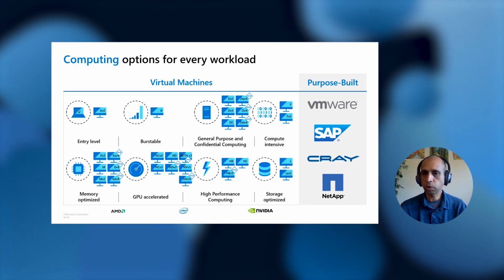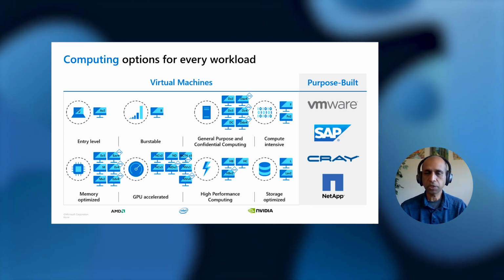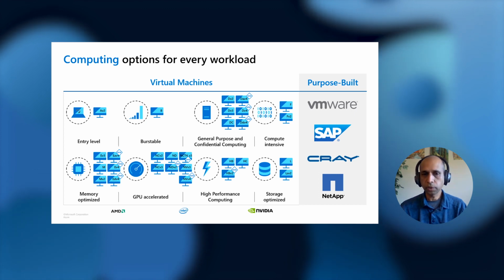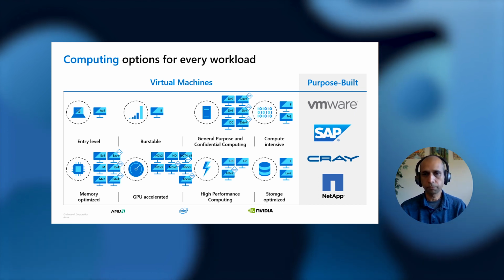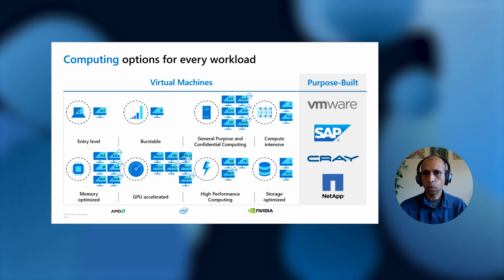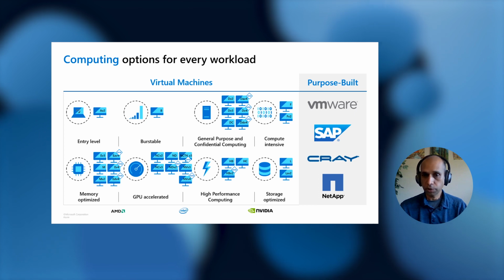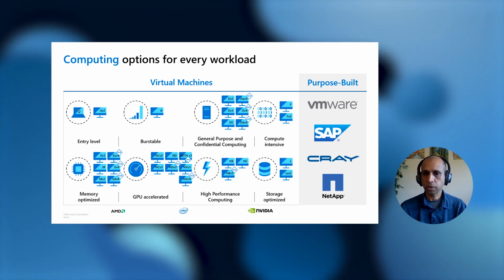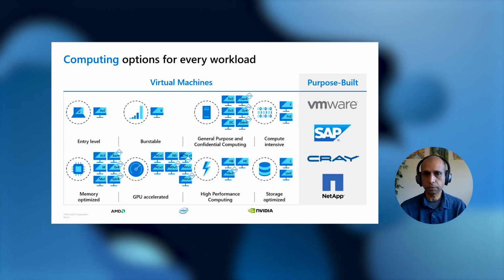They offer terabytes worth of memory for applications such as SAP HANA. We also offer a wide variety of GPU-accelerated virtual machines that's ideal for deep learning workloads and visualization workloads. Last but not least, we have purpose-built offerings for your bare metal workloads, such as NetApp and SAP.